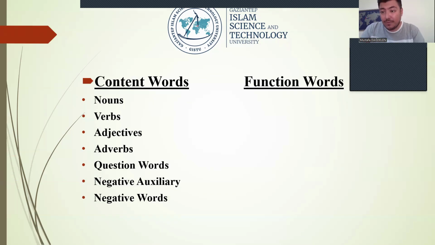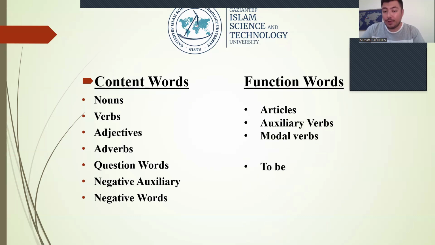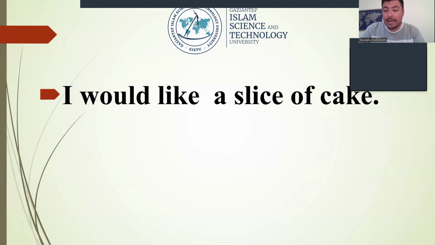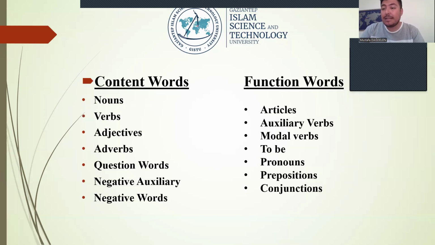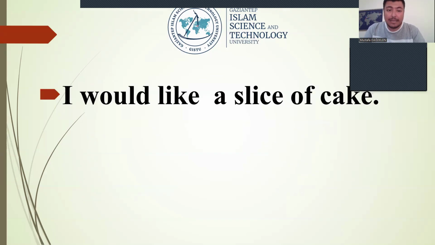Function words are less stressed in a sentence: articles, auxiliary verbs, modal verbs, to be, pronouns, prepositions, and conjunctions. These are less stressed in a language. But of course, this is the general tendency. What you stress depends on the meaning of your sentence.